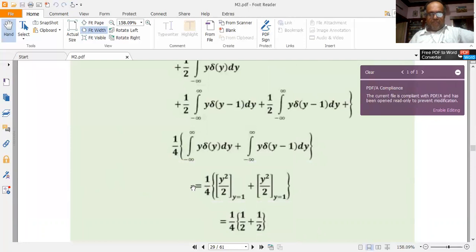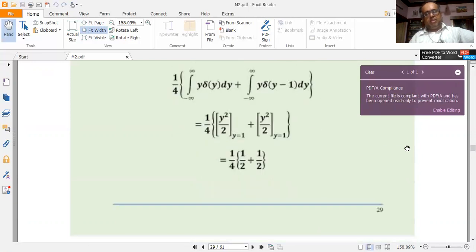So after integration, I get 1 by 4 into the integral from minus infinity to plus infinity of y delta of y dy plus the integral of y delta of y minus 1 dy.